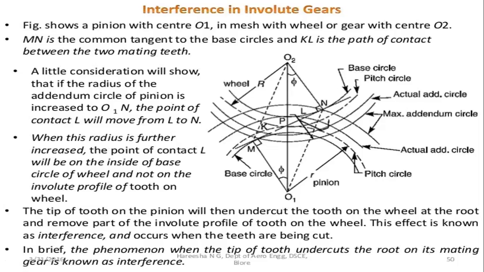When the radius is increased, the point of contact will be on the inside of the base circle of the wheel, and not on the involute profile of the teeth of the wheel.